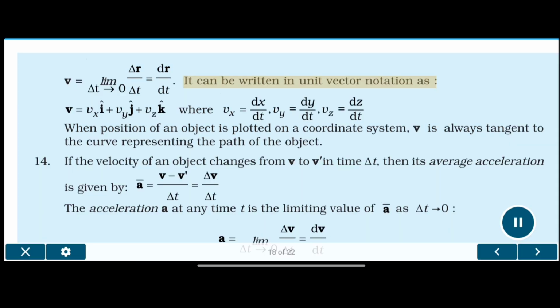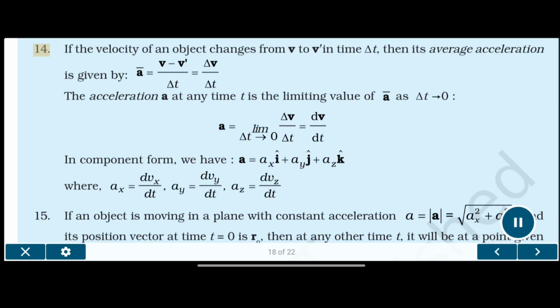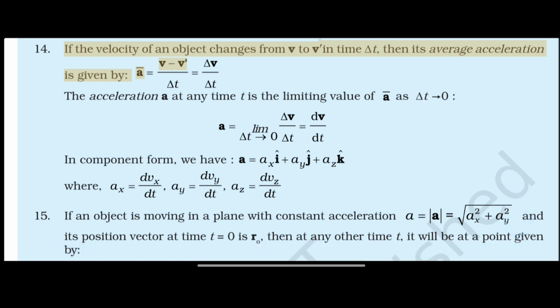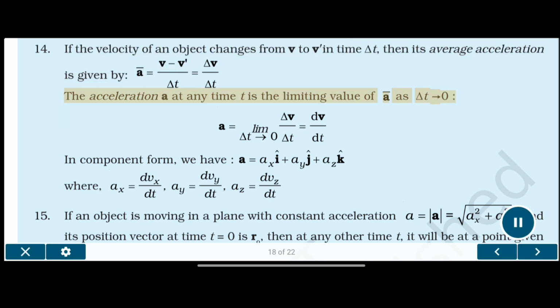It can be written in unit vector notation as v equals vx i plus vy j. 14. If the velocity of an object changes from v to v' in time delta t, then its average acceleration is given by a equals delta v over delta t. The acceleration at any time t is the limiting value of a as delta t tends to 0. In component form, we have a equals ax i plus ay j.